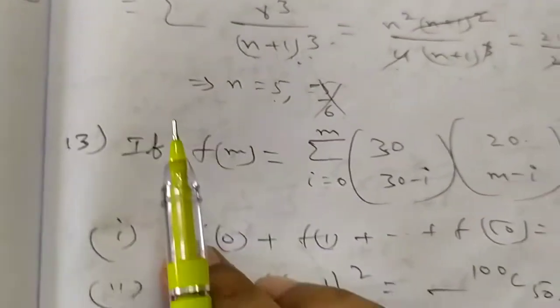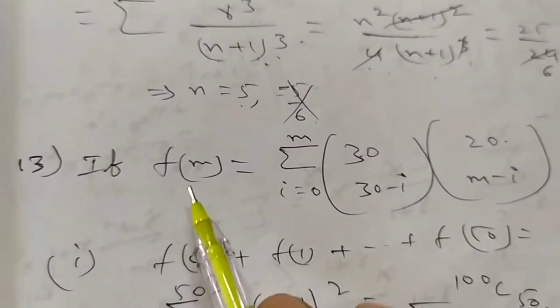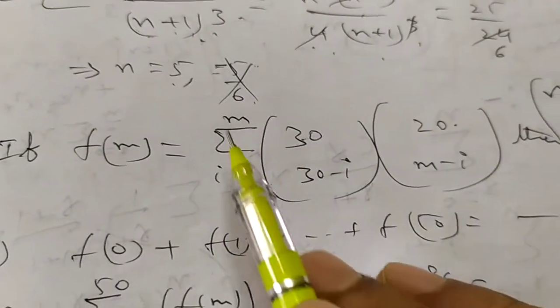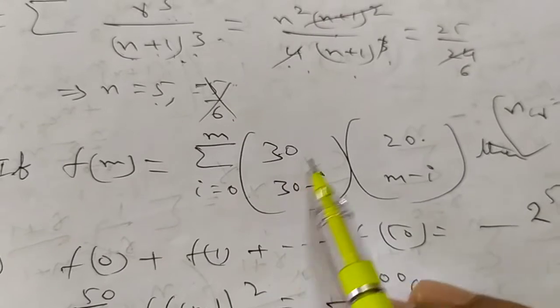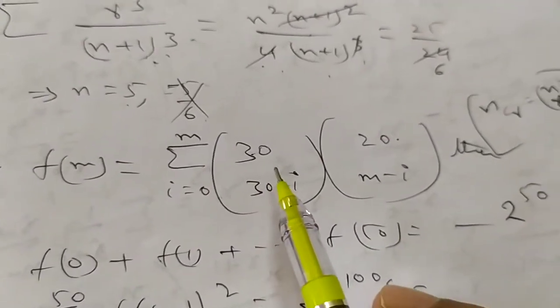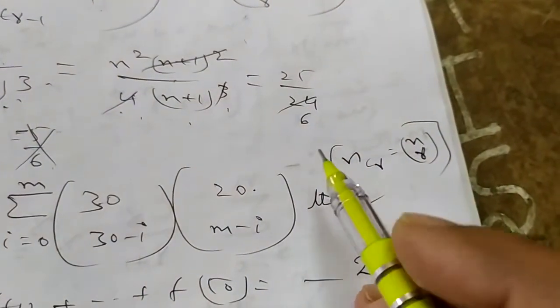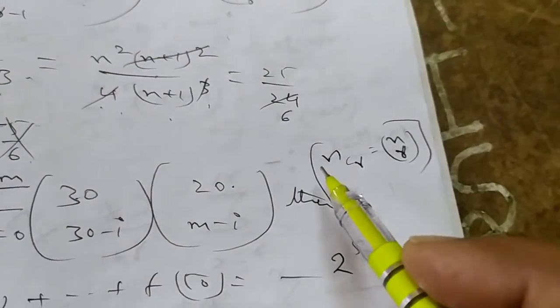See next problem, 13th one. If f of m equal to sigma i equal to 0 to m of this, this is notation for NCR. See the first class of binomial theorem.